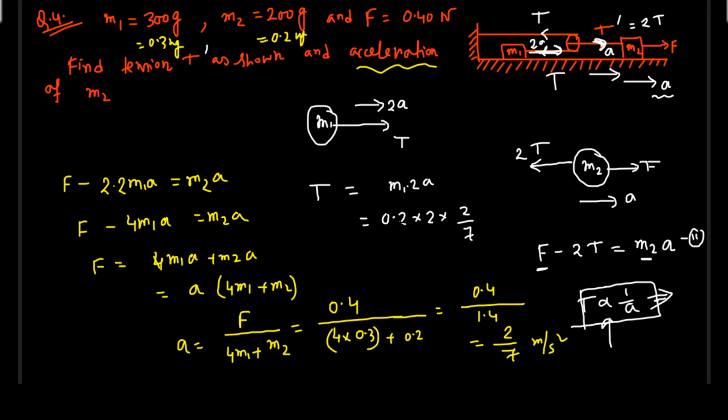So 4 into 2, that is 0.8 divided by 7. And if we talk about the tensional force on M2, then we have to multiply this by 2. So 2T will be 1.6 upon 7. So you can solve these problems like this.